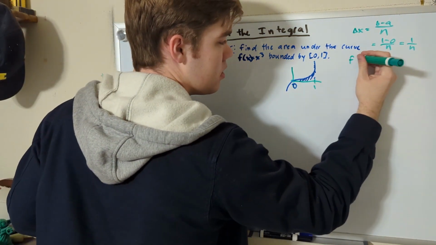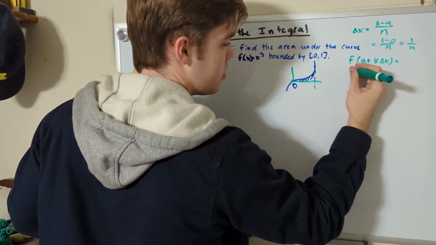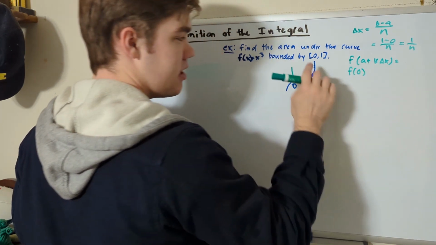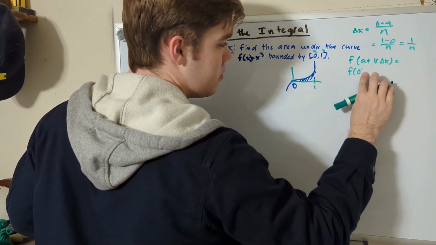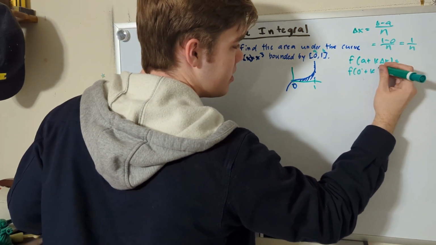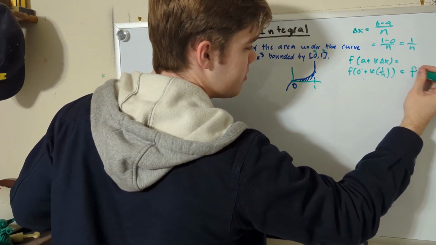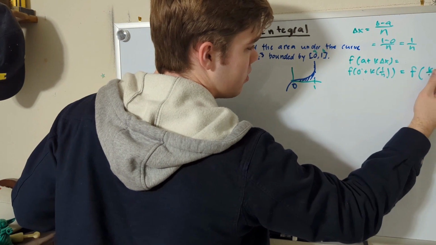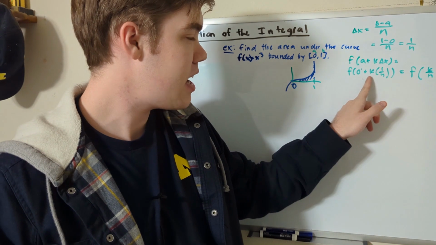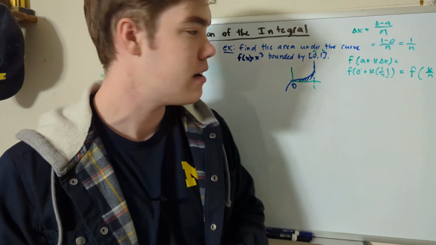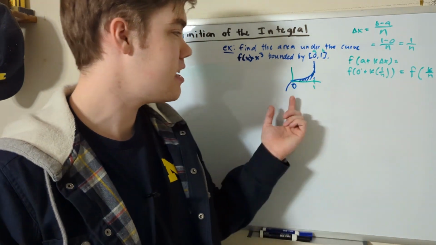So f of a plus k delta x is equal to f of 0, a is 0, right here, this is our a value by the way, a and b, f of 0 plus k times 1 over n, this was our delta x from up here, and this is equal to f of k over n. Now 0 obviously doesn't change anything in here. Multiplying the k to the top, we get k divided by n. So now we can plug in this along with knowing what delta x is into our Riemann sum formula to figure out the area underneath this curve.